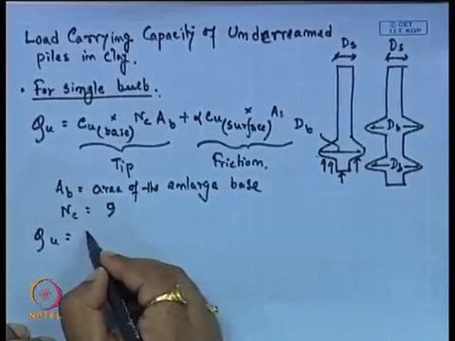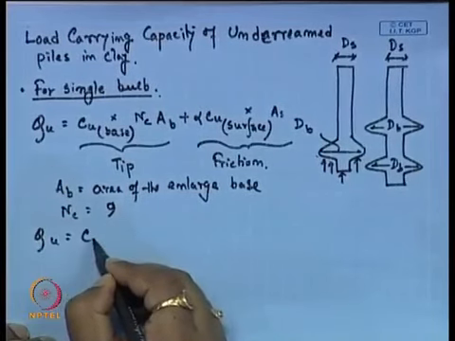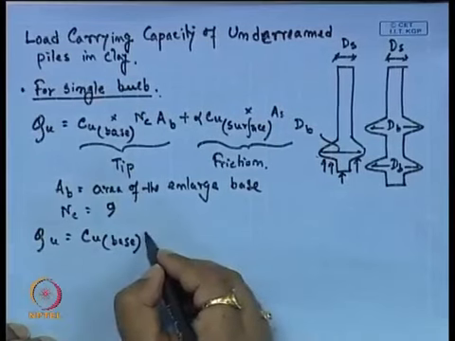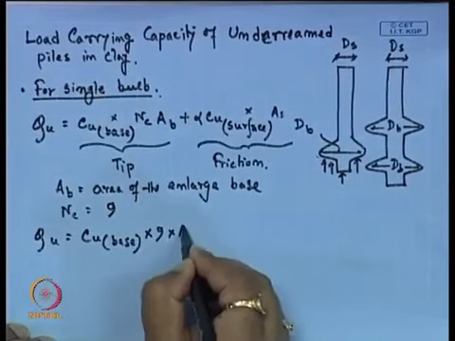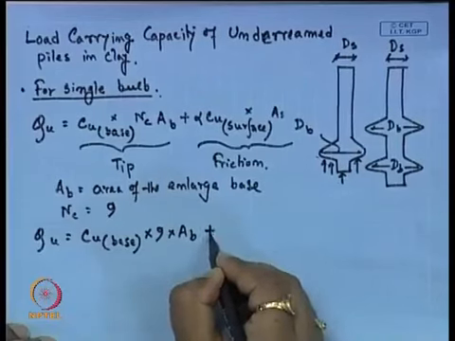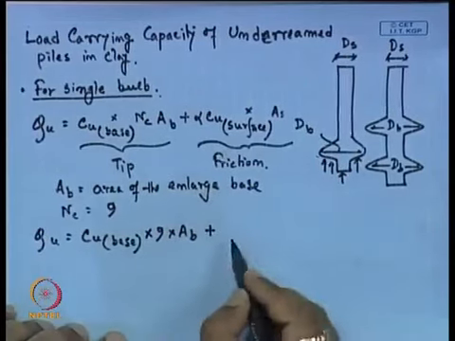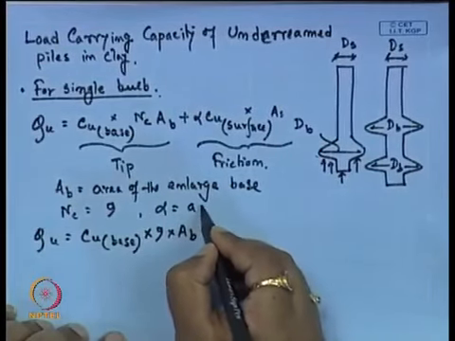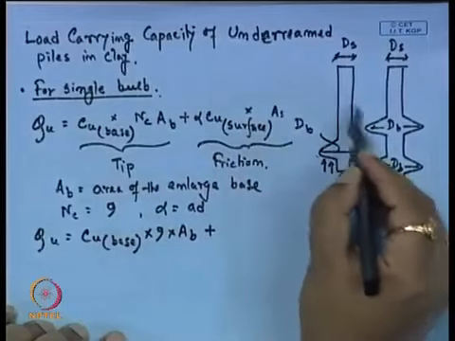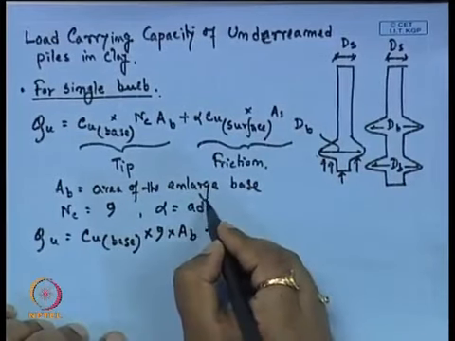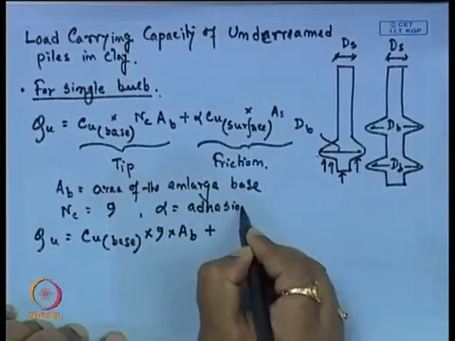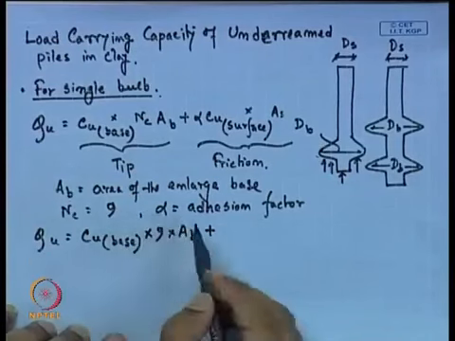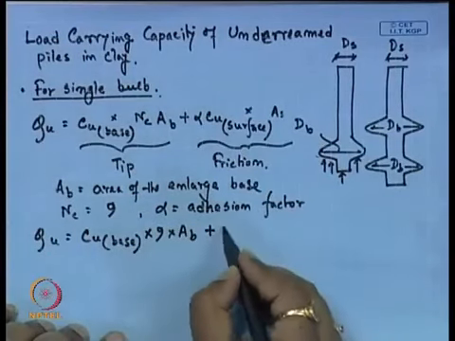Now finally, if I write this expression, that is Cu at the base into Nc, which is 9, into the area of the enlarged base, plus alpha, the adhesion factor between the pile and the soil. This alpha value, this chart I have already given, so from there we can calculate alpha.